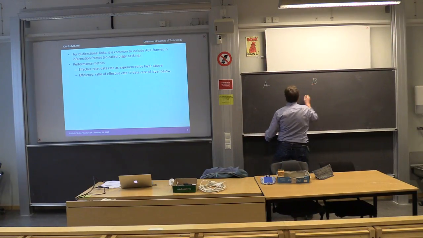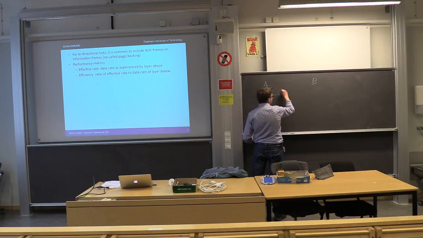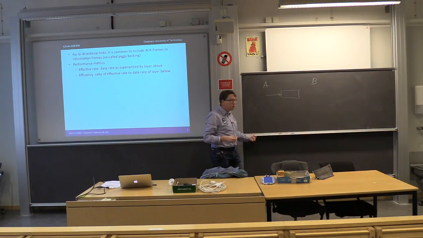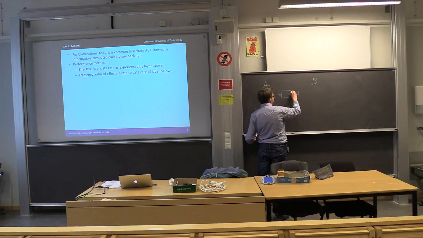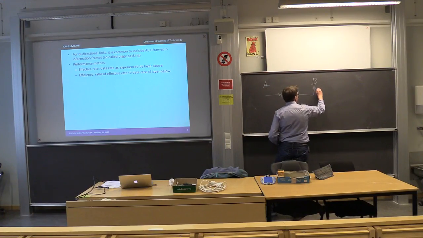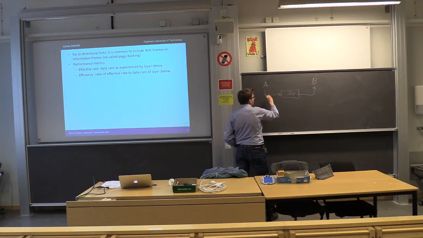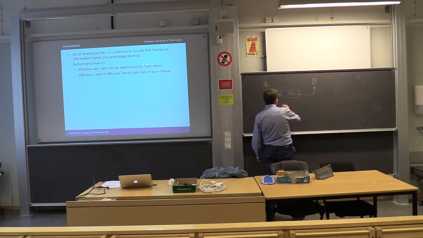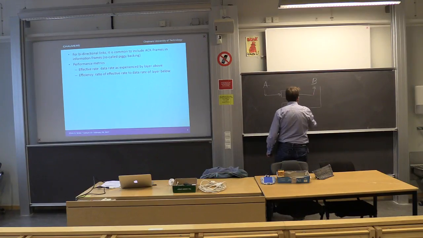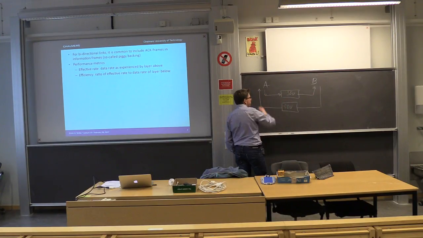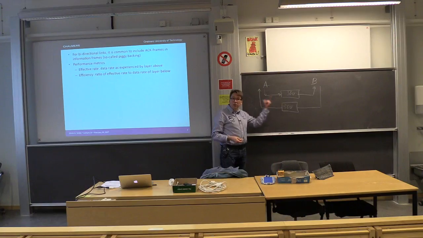Now, to make things efficient, when we transmit a data frame from A to B, this carries a service data unit which is supposed to be delivered up to B. If we at the same time have service data units going in the other direction from B to A, like this, so this is the data flow, right?